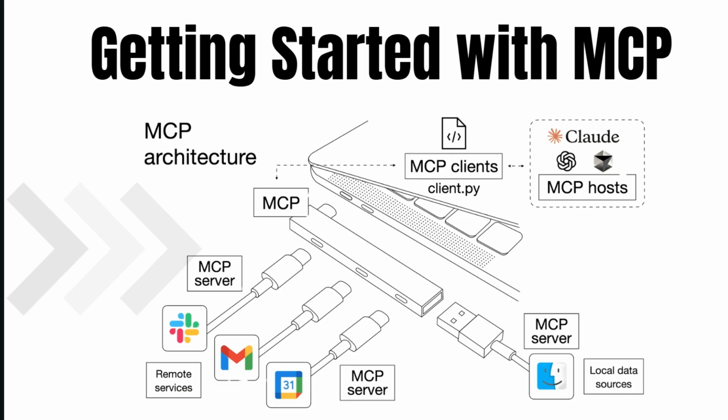So, in summary, the Model Context Protocol offers a standardized and powerful way to connect AI models with external data sources and tools, providing a unified interface, dynamic discovery, enhanced security, and also support for richer interactions. MCP is unlocking a new era of more capable and context aware AI applications.